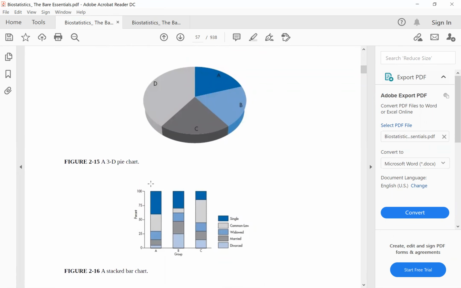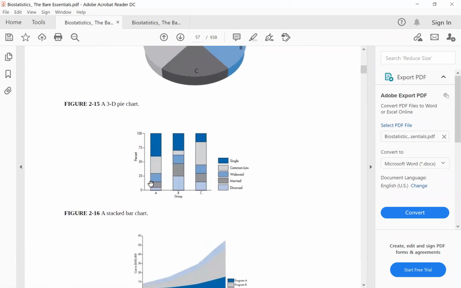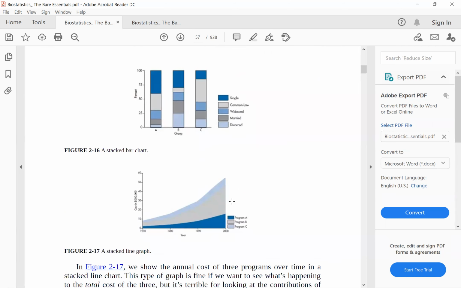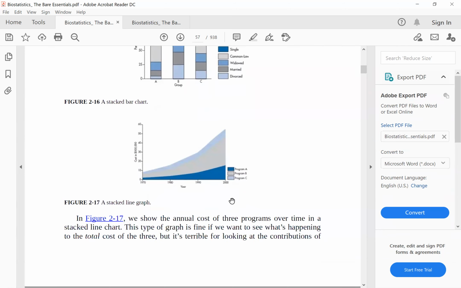The pie chart again, stacked bar chart, whether this is single, common law, widowed, married, divorced. This is stacked, not bar, but a line graph, stacked line graph.